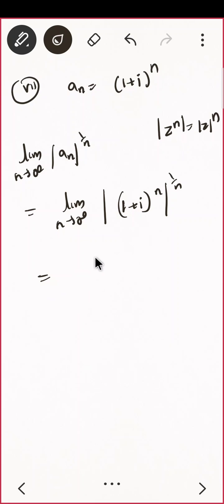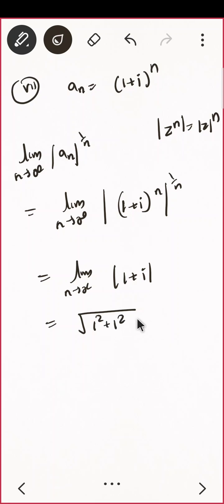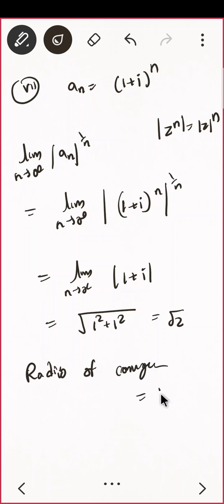So this will be equal to limit n tending to infinity of mod of 1 plus i. But you have to find mod of 1 plus i now. What is mod of 1 plus i? That is square root of 1 square plus 1 square, that is root 2. And this is the value of rho. So what is the radius of convergence? Radius of convergence is 1 by root 2. That's it. Simple as that. Do you see?